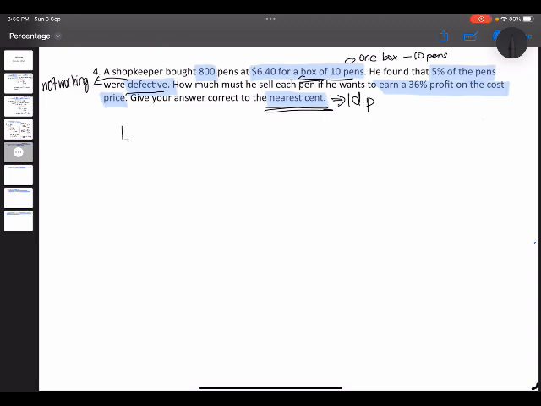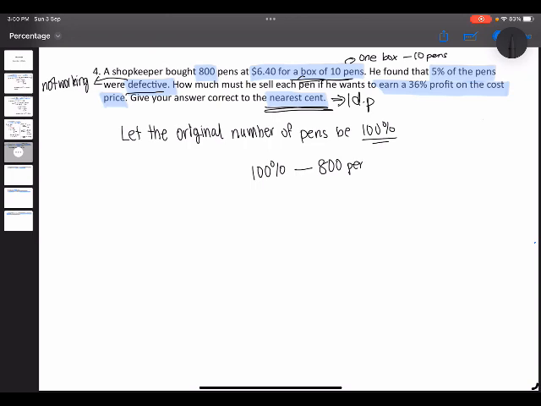So let the original number of pens be 100%. So 100% represents 800 pens.